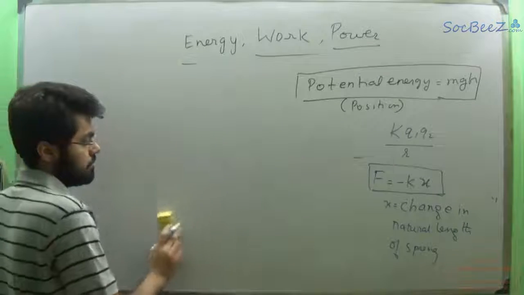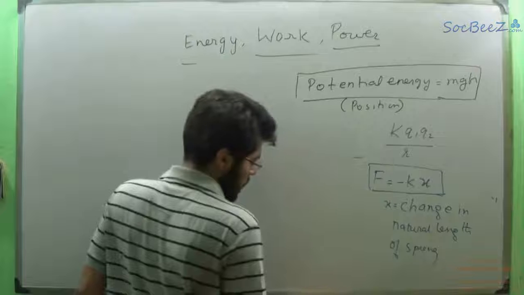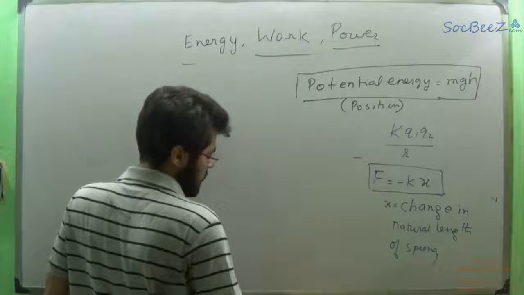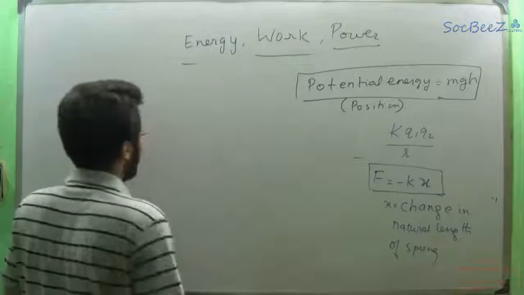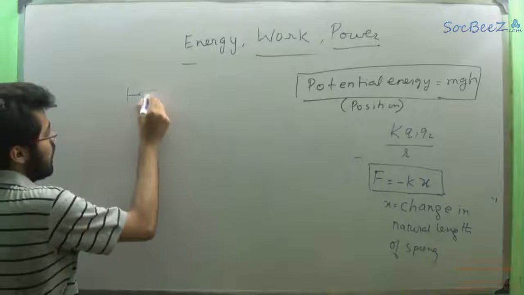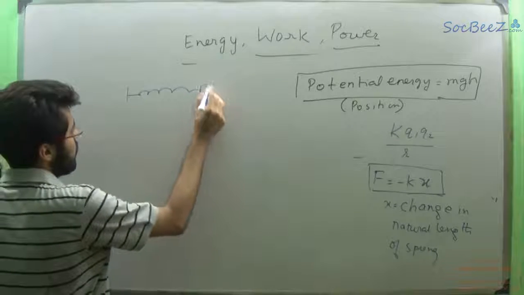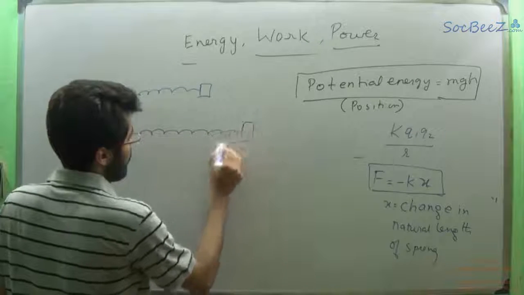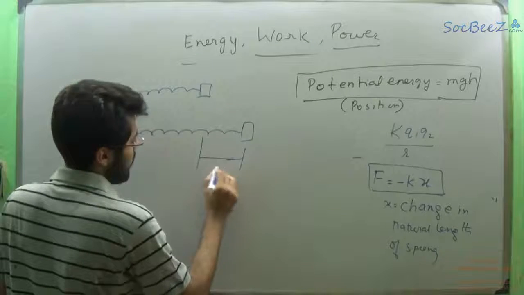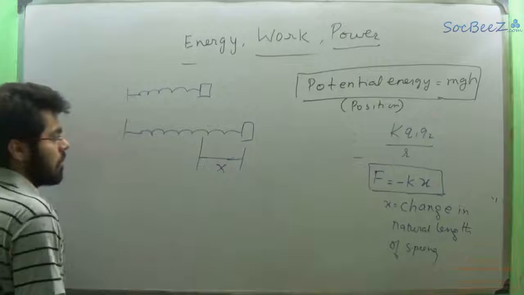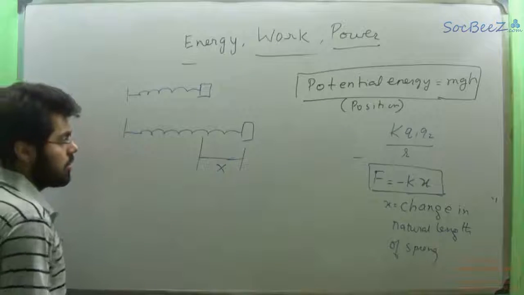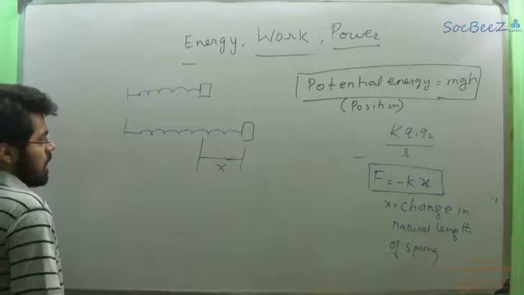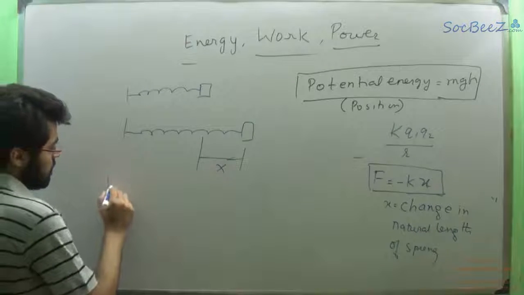So now, we will deal with it mathematically. Natural length of the spring. Now the spring is being pulled by distance x. Consider this to be a small distance. So what are the things to be calculated?